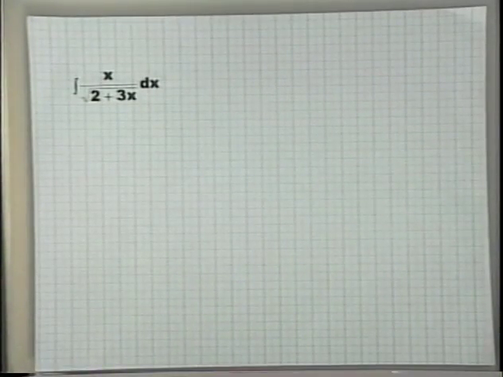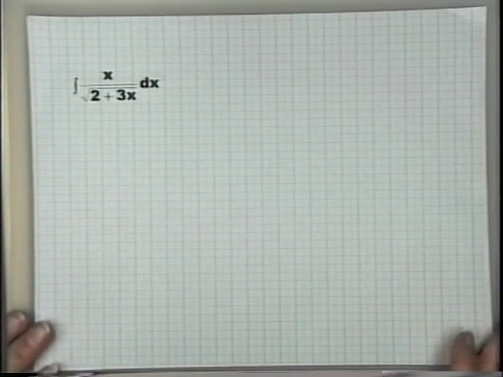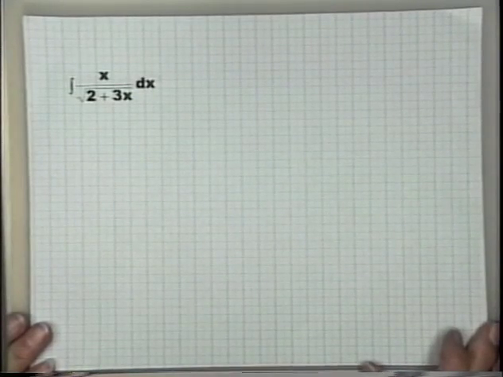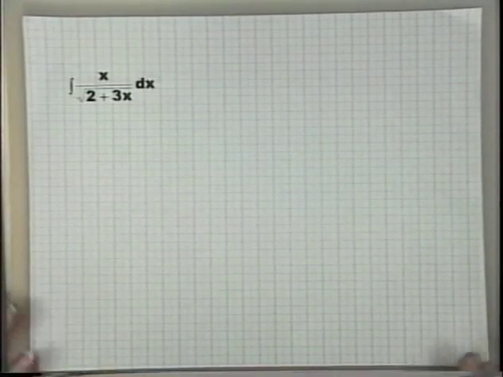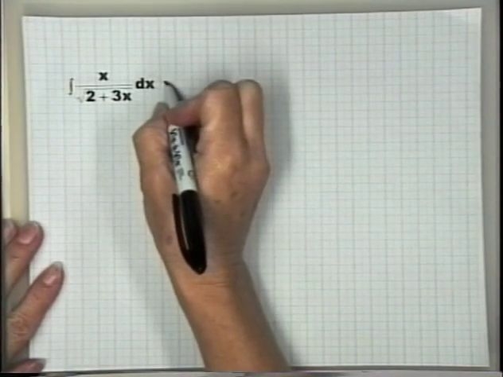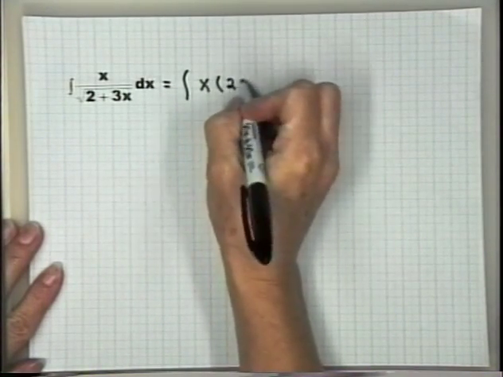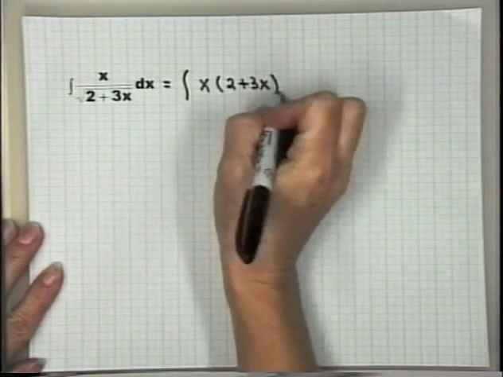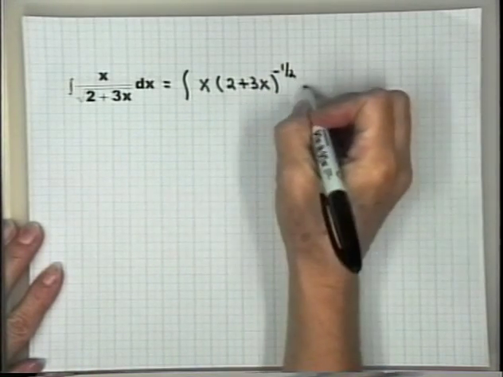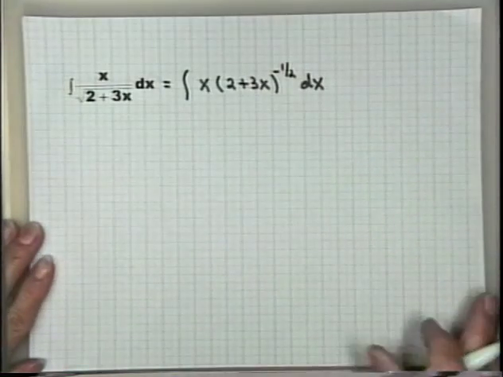That actually you can work two different ways, and I'm going to go through both of those just to show you what you can do, and then you can decide which way that you prefer. First of all, I'm going to rewrite this integral as x times the quantity 2 plus 3x to the negative 1/2 power times dx.